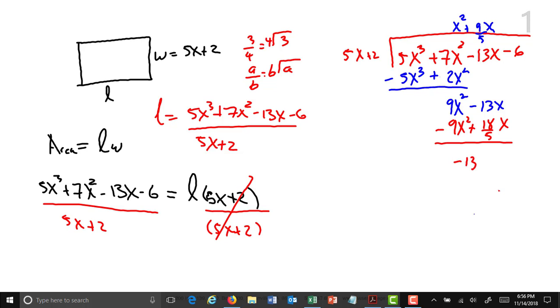Minus 13x plus 18 fifths x. I can put that over 1, and so I have this over 5. That's minus 65x. And 1 times 18 is just 18x, isn't it?